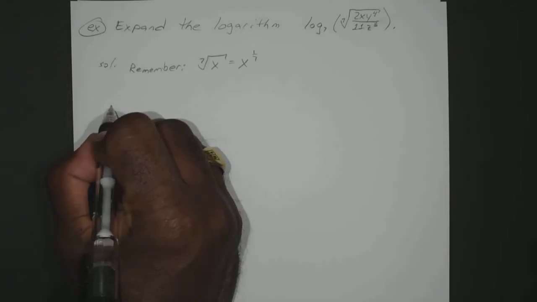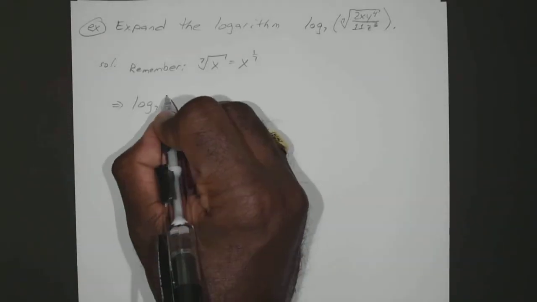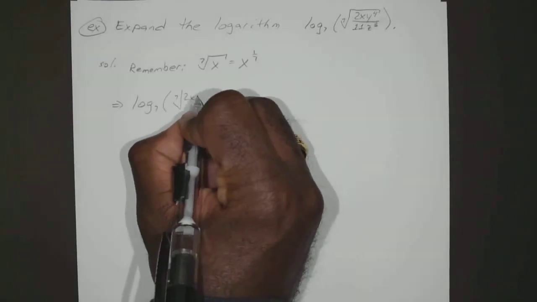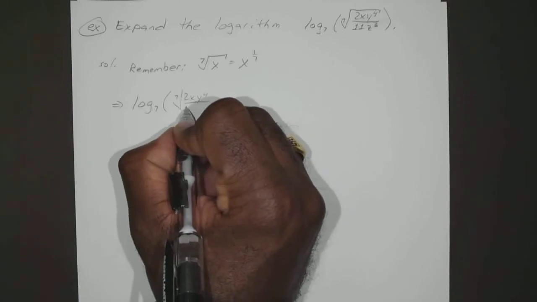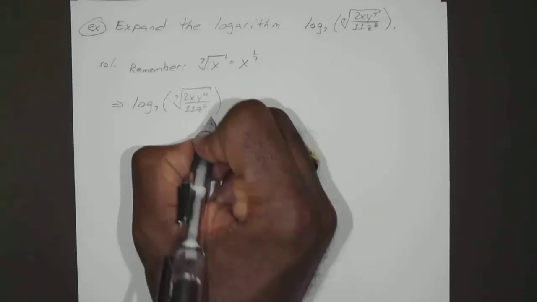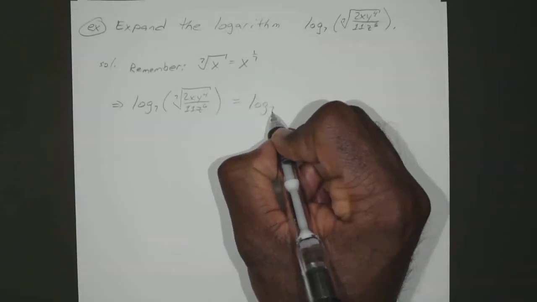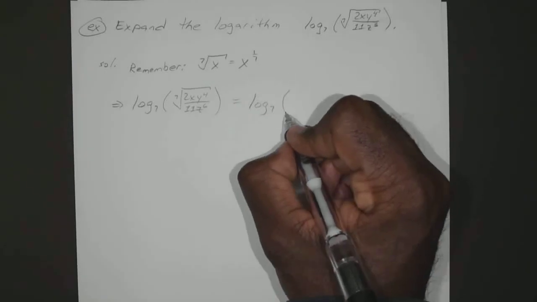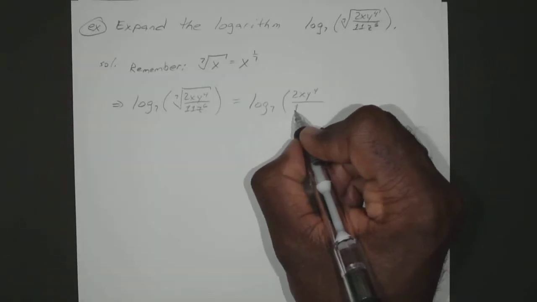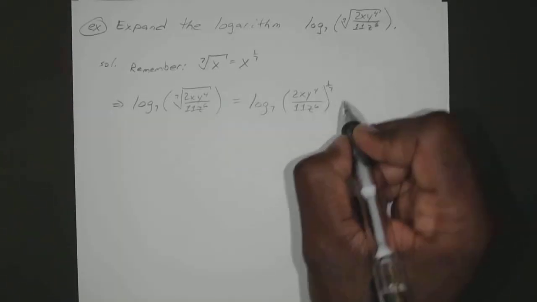So that means we have the log base 7 of the 7th root of 2x y to the 4th over 11z to the 6th is equal to log base 7 of 2x y to the 4th over 11z to the 6th to the 1/7 power.